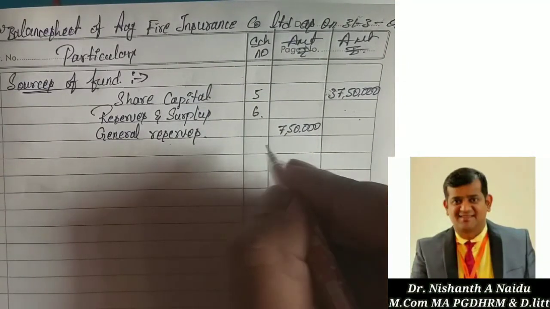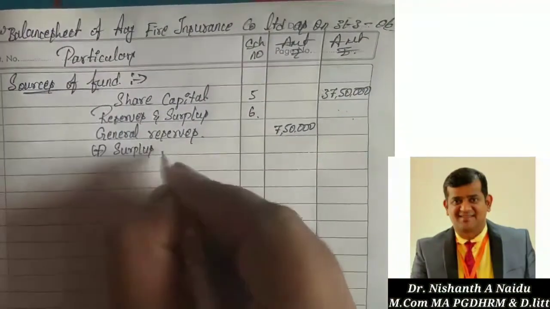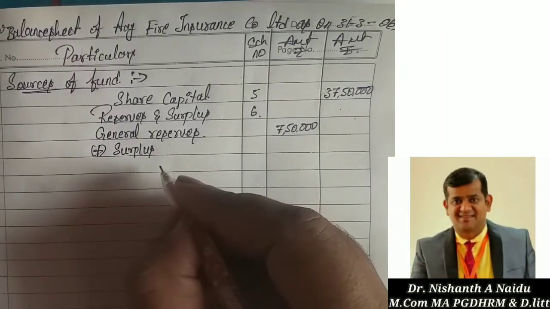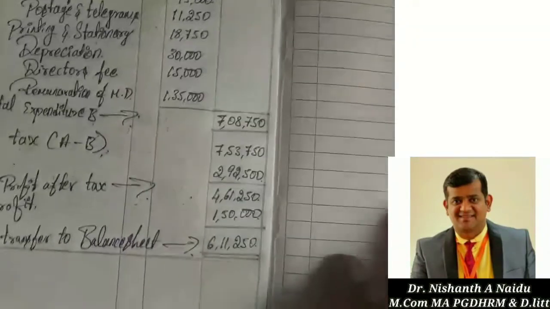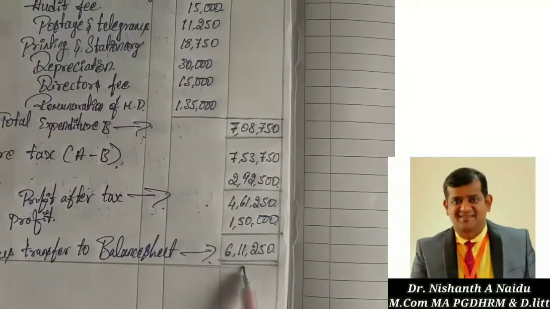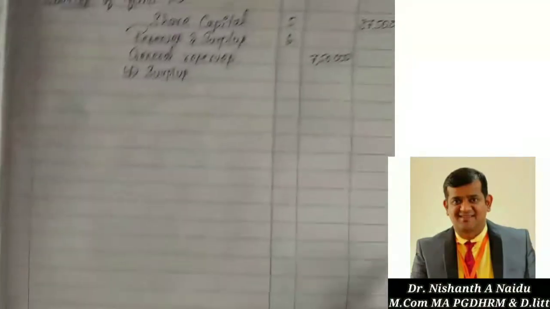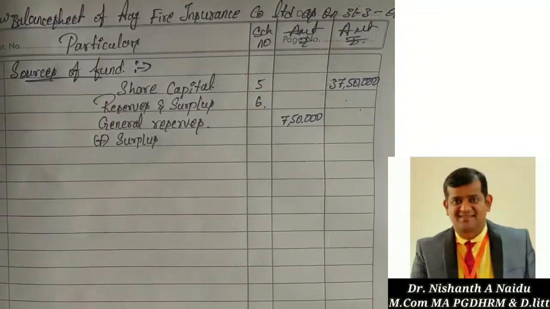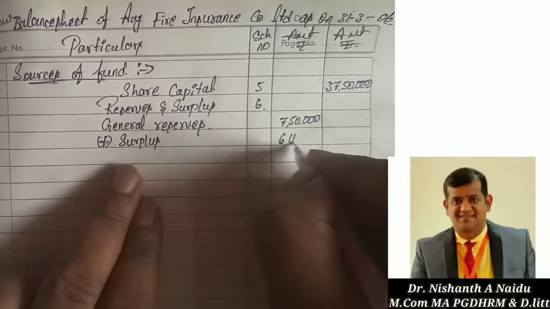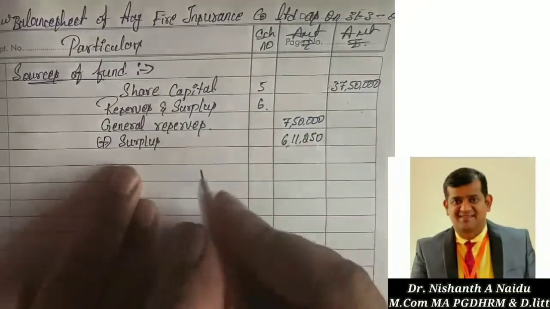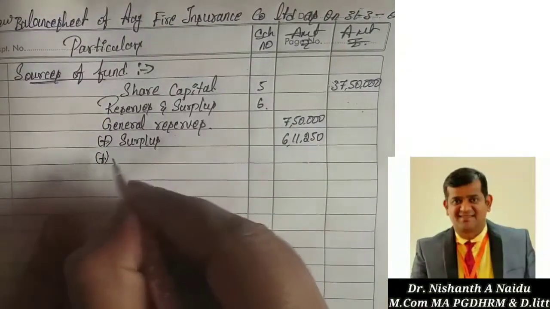Next, add surplus, which we identified in the profit and loss account and transferred. So surplus transferred to balance sheet, 6,11,250 rupees. That exact amount I am writing here, surplus 6,11,250. Okay, then add any other reserves.